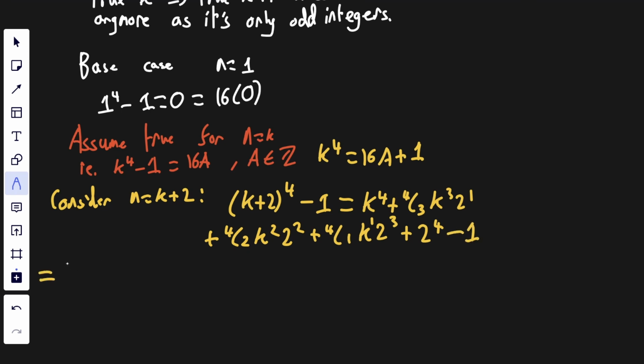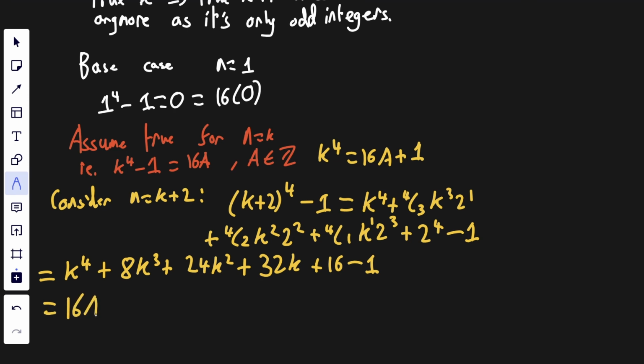This all simplifies to become k to the 4 plus 8k cubed plus 24k squared plus, well, we've got 8 times 4, so 32k plus 16 minus 1, like so. Now, we can replace our k to the 4 term. So this is 16a plus 1 plus 8k cubed plus 24k squared plus 32k plus 16 minus 1, or we could just rewrite this as 15.